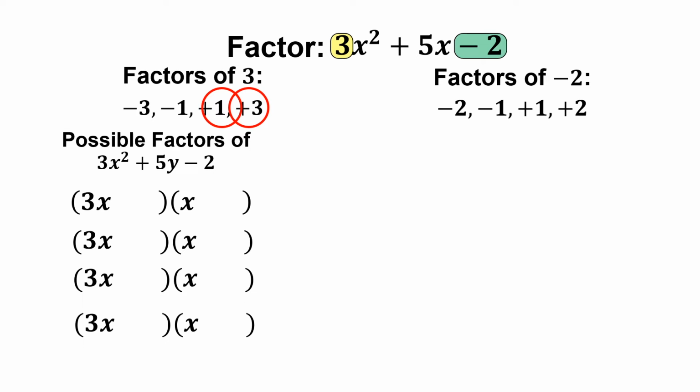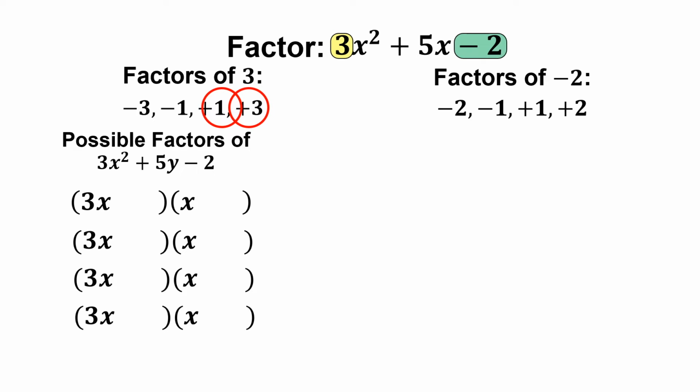Laging tandaan, kung ang coefficient ng term ay positive 1, hindi na ito isinusulat. Kaya x na lang ang isinusulat at hindi na 1x. Ang second term ng binomial pair ay kukunin naman natin sa factors ng negative 2.